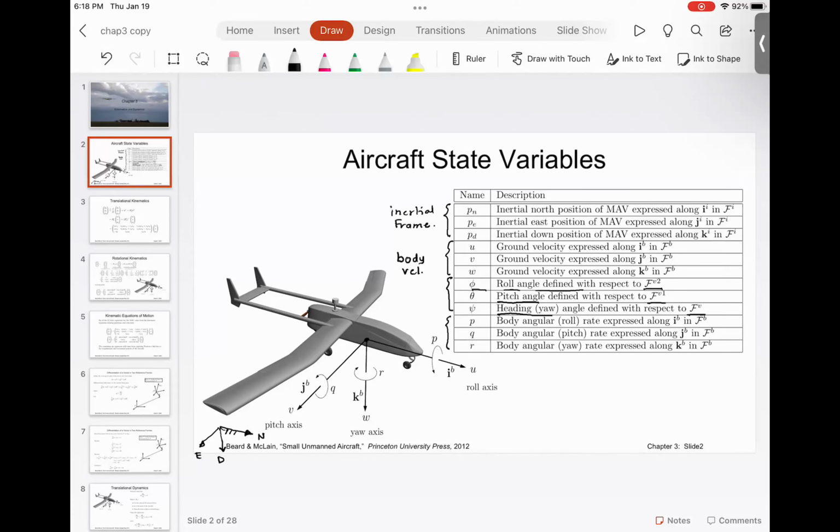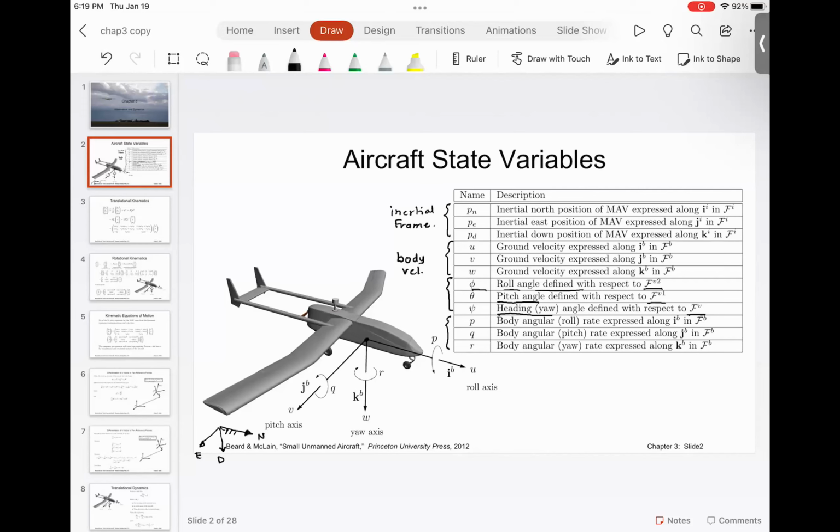And Phi, theta, and psi, those are called Euler angles, or that is called the attitude of the aircraft, because those are the roll, pitch, and yaw angles that are calculated to define the orientation of the aircraft. Everyone understood this?